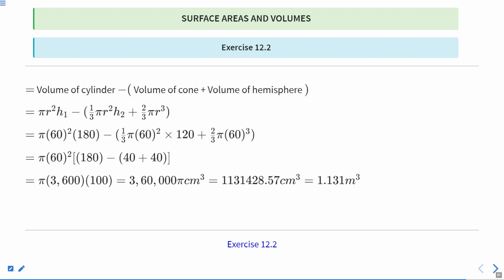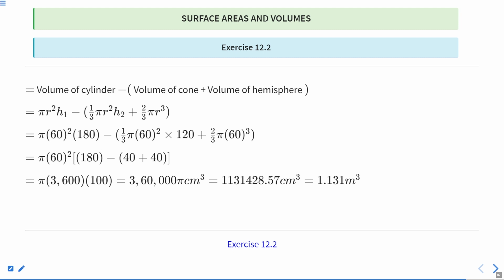Okay, so now if we take these formulas in here, then we will get pi r square h1 minus 1/3 pi r square h2 plus 2/3 pi r cube. Okay, and now if we put all these values, r is 60, h1 is 180, h2 is 120.